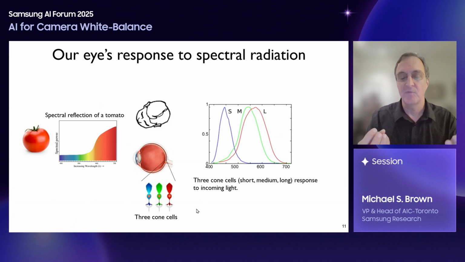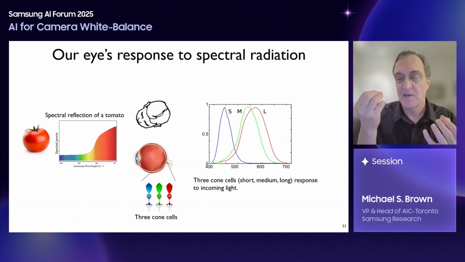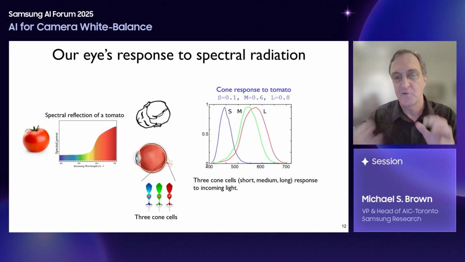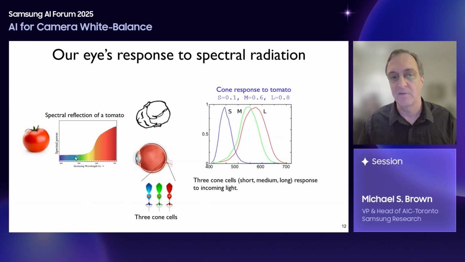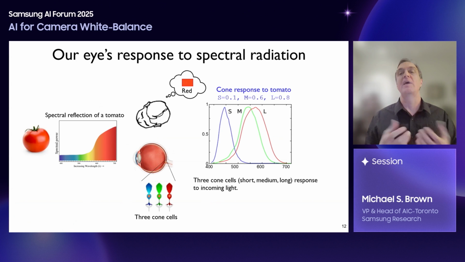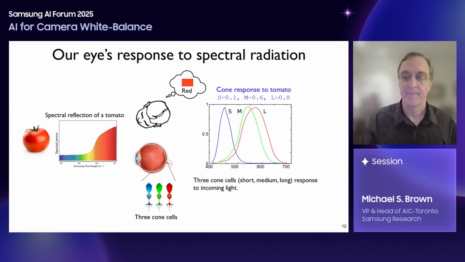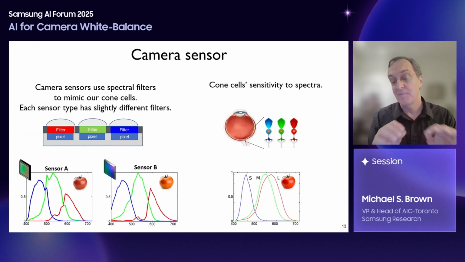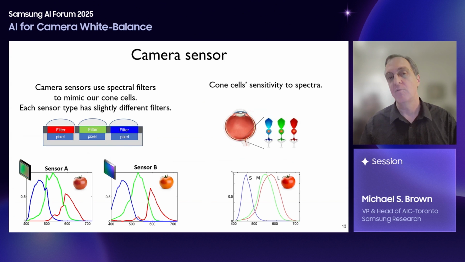So when this radiation comes into your eye, these cells respond and you get these sensations. The short one responds a little bit to this region because there's not much radiation there, medium a bit more, and long even more. And that produces this sensation of red. Oh, I see red.